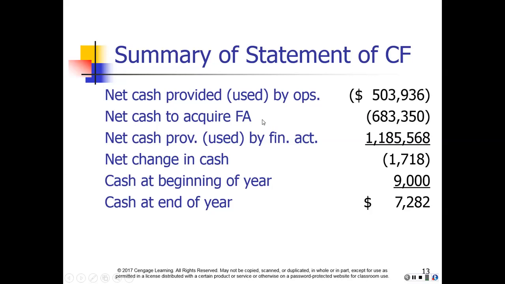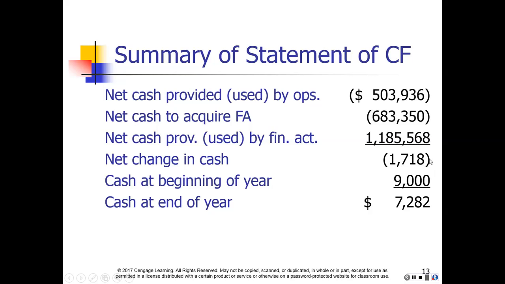That was basically cash flows from investing activities. And then net cash provided for financing activities is positive 1,185,568.